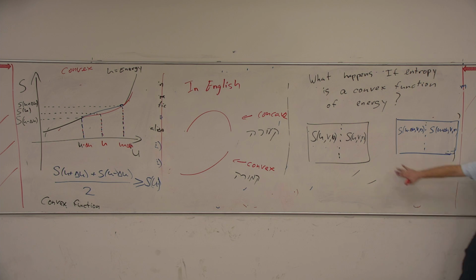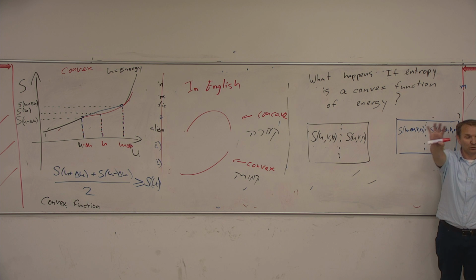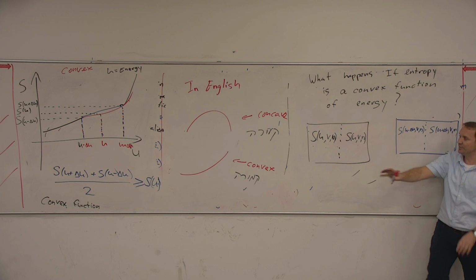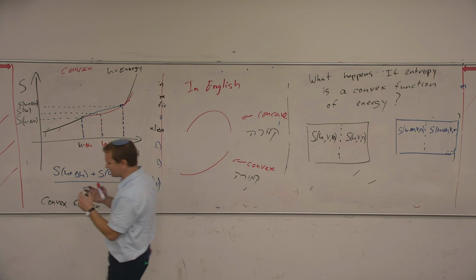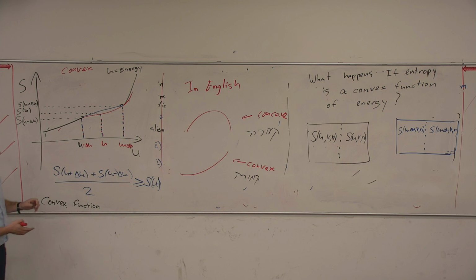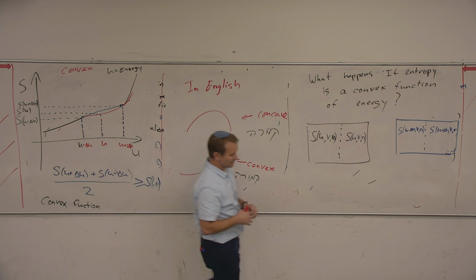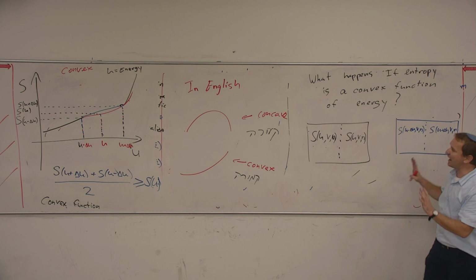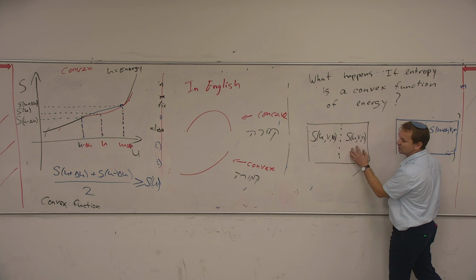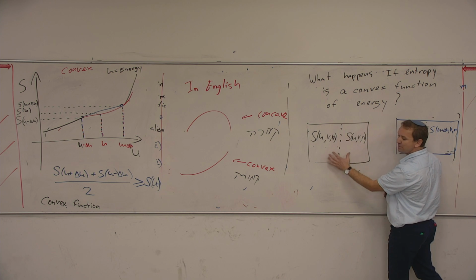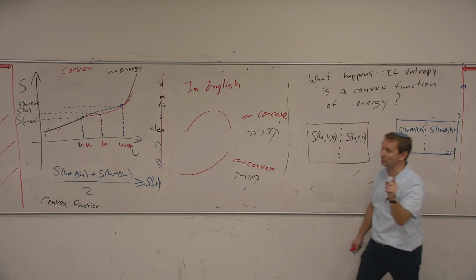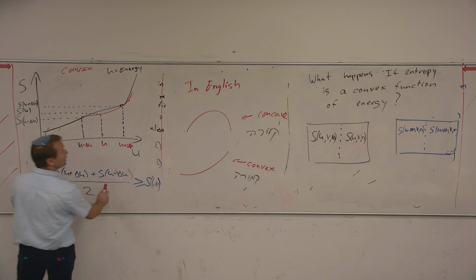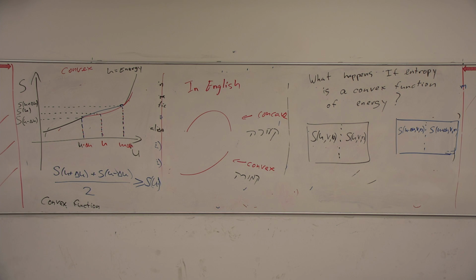I start with two systems in equilibrium, they have exactly the same internal properties and the same external variables, and all the generalized forces are exactly equal. Everything is equal in those two systems, and I let them remain the same adiabatically. What will happen, according to this principle, if entropy is a convex function of energy?